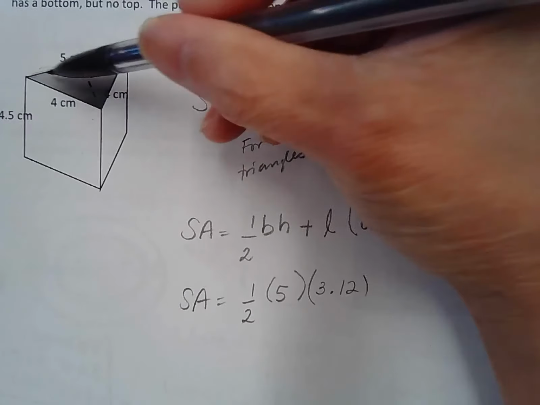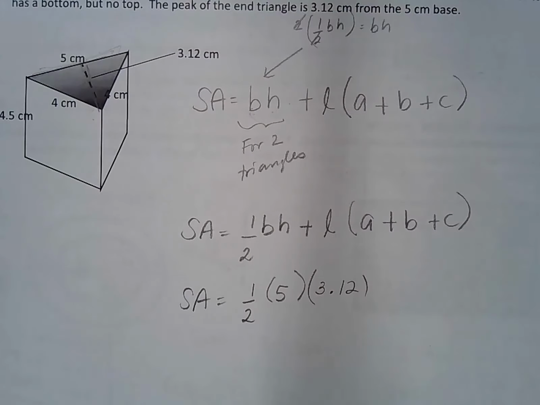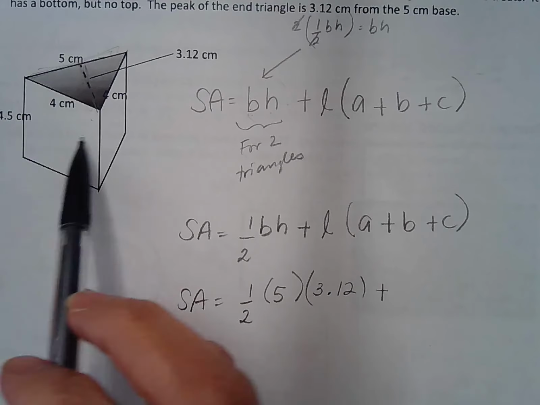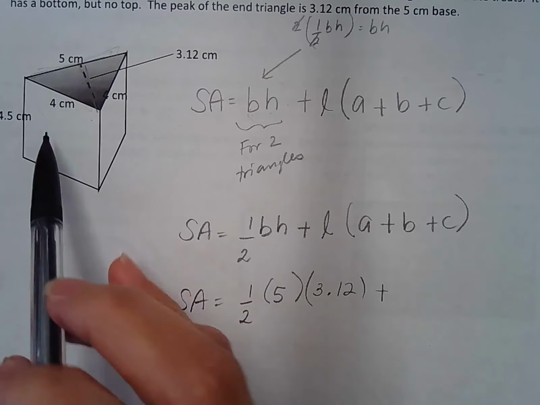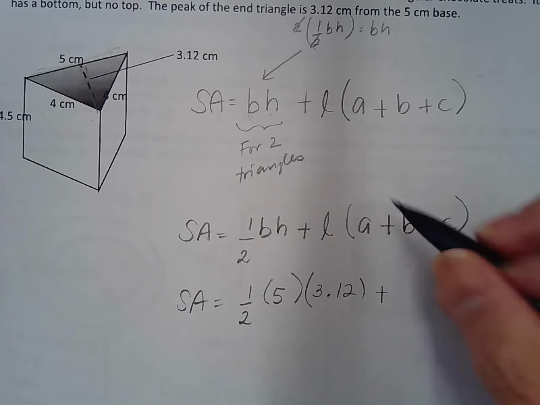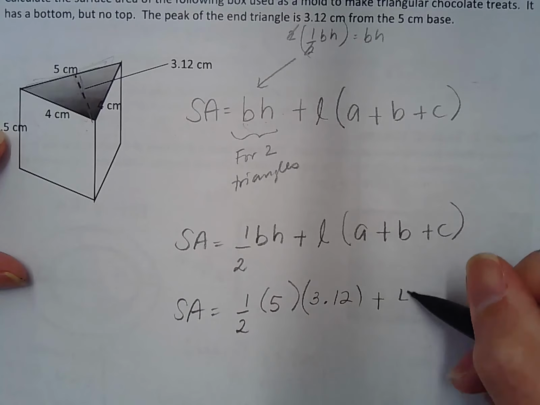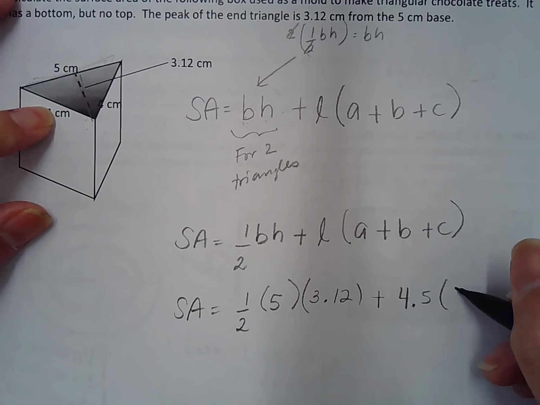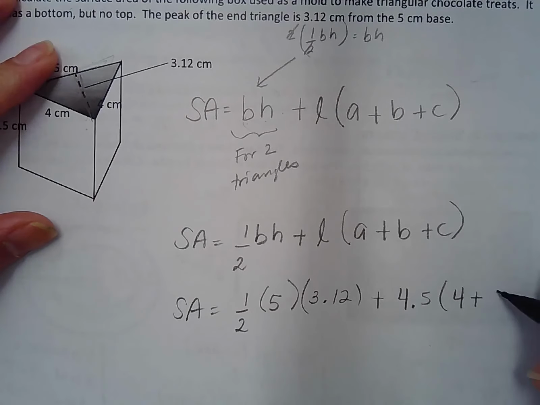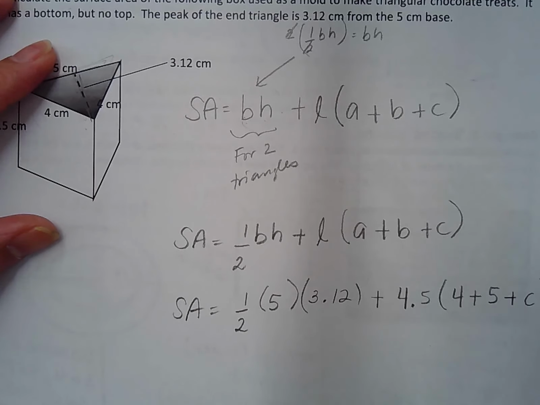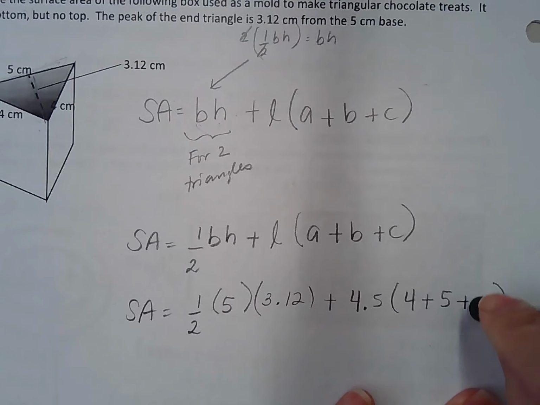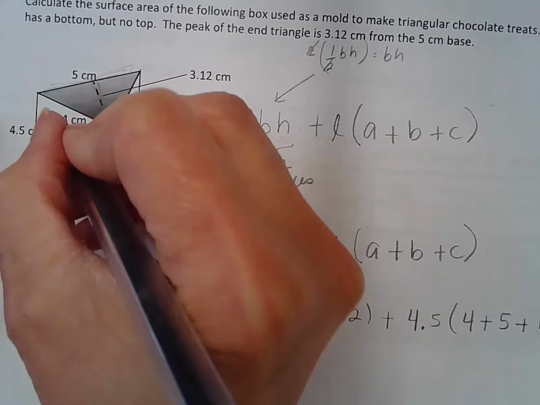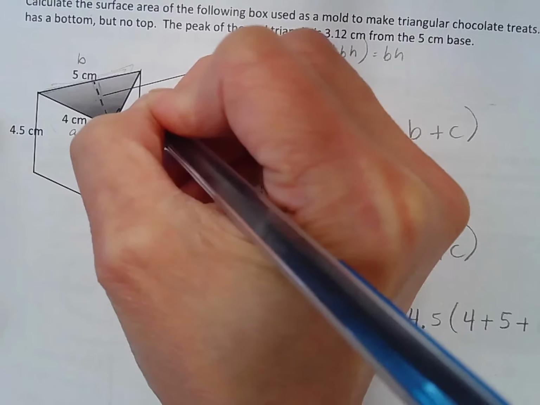That's the height of the triangle, plus the length. Now we're getting into the rectangular pieces. The length is 4.5 times A is 4, B is 5, C is 4. So this is your A, B, and C.